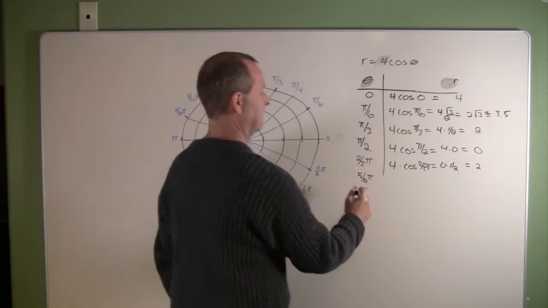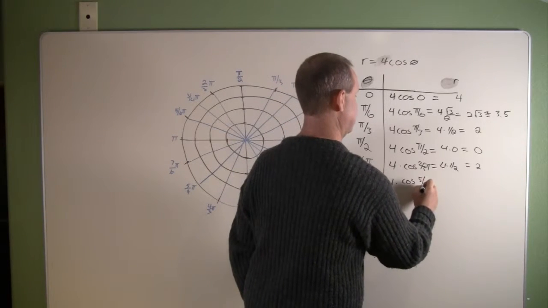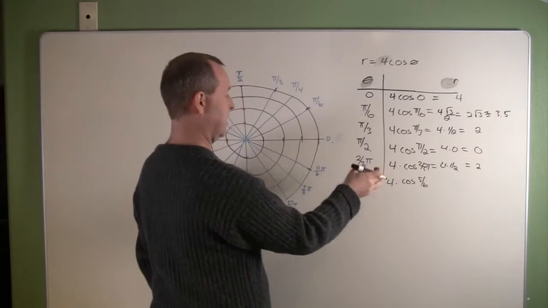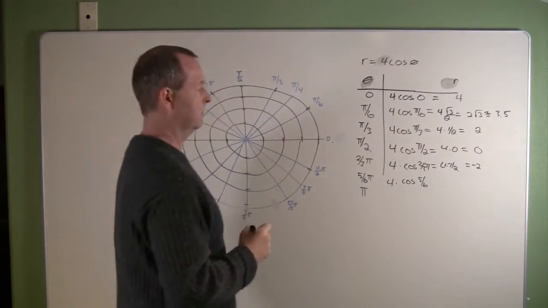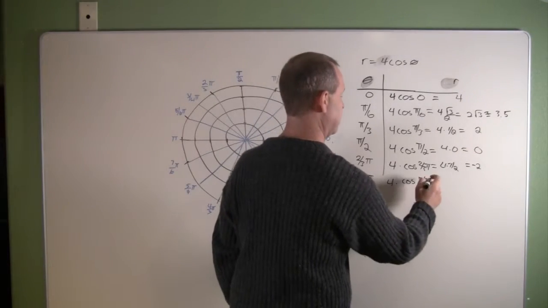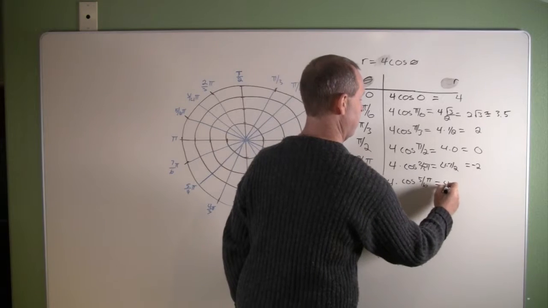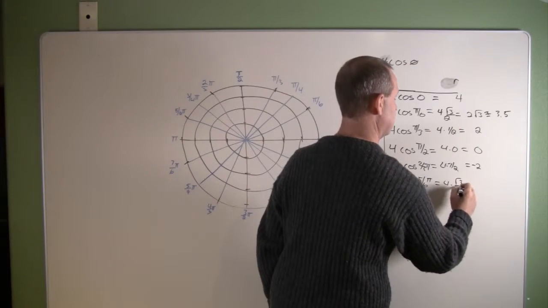Then 5/6 pi: 4 times the cosine of 5/6 pi. Cosine of 5/6 pi is negative √3 over 2.